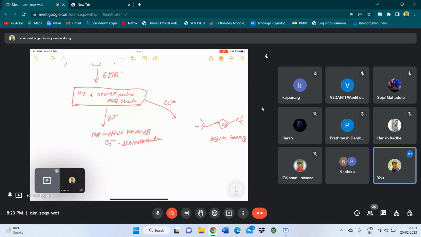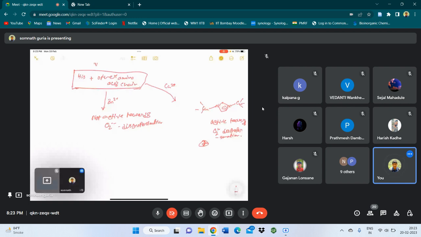But the drawback, the problem, is that this is not stable in thermal conditions. The active center is surrounded by a huge protein chain.